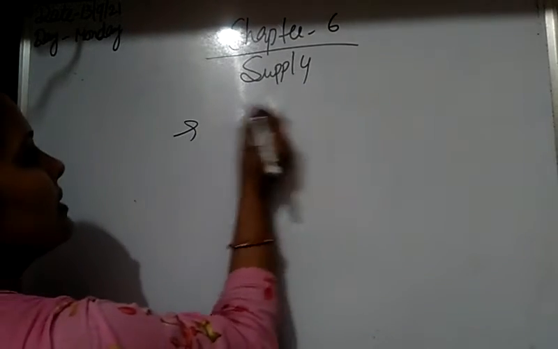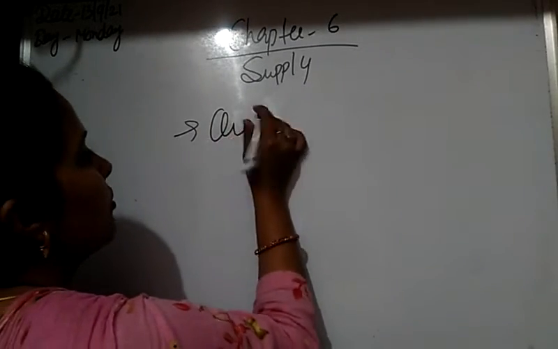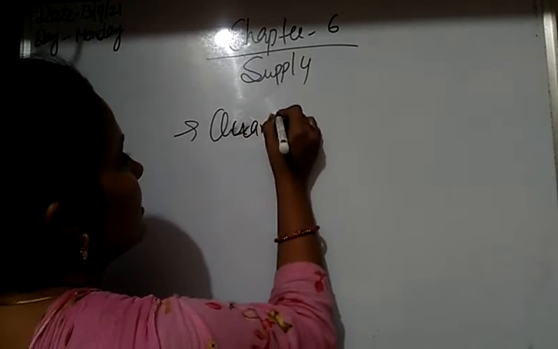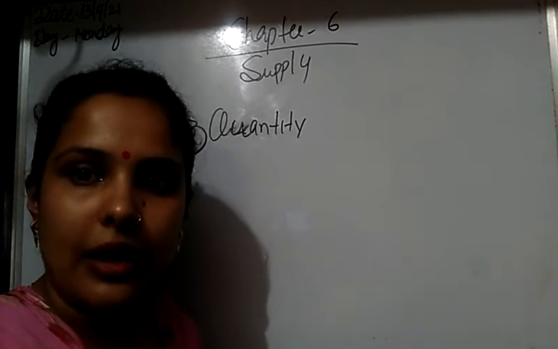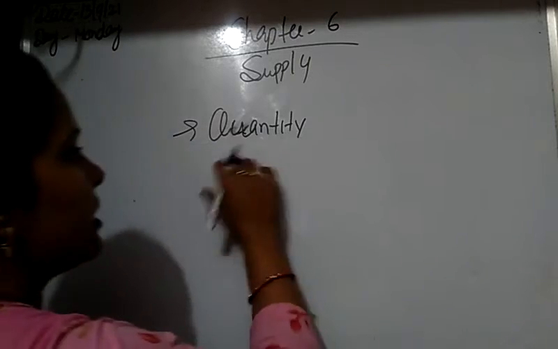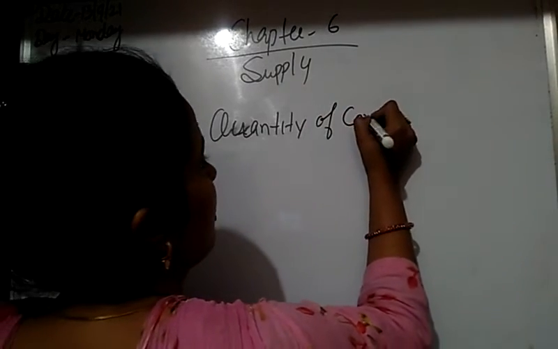So supply is the quantity of a commodity which a seller is ready to sell in the market.